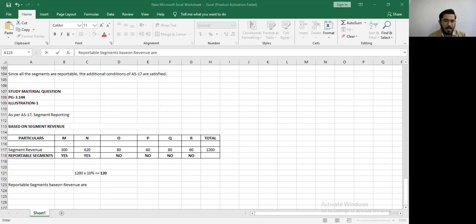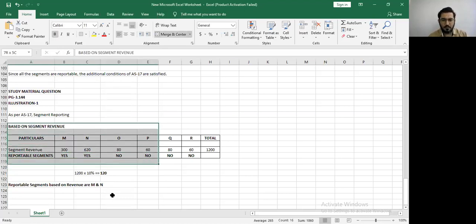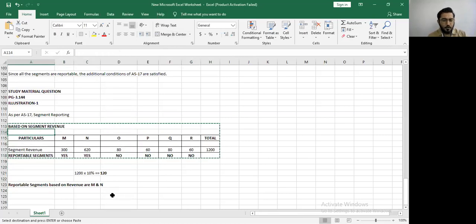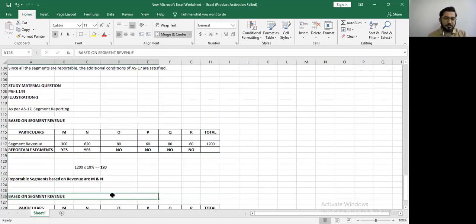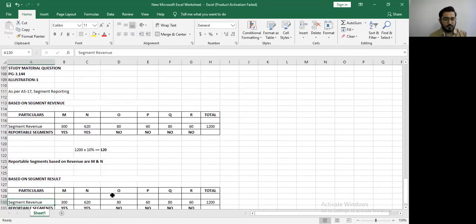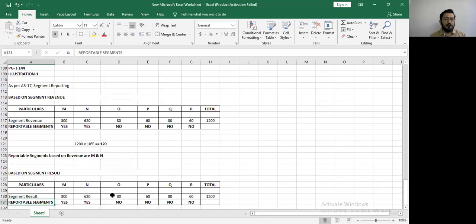You have segments M and N. Do remember we are doing the institute study material question based on segment revenue. We have M and N.